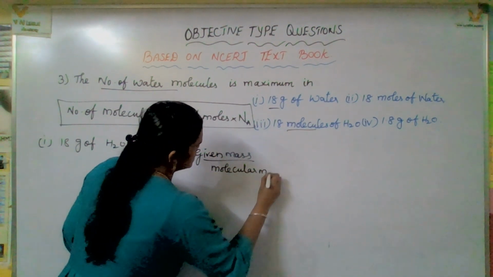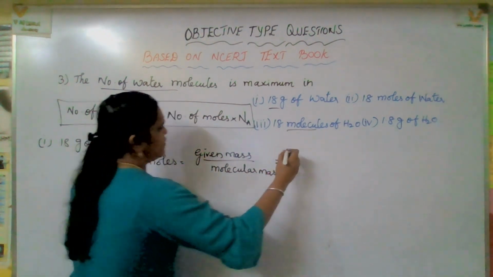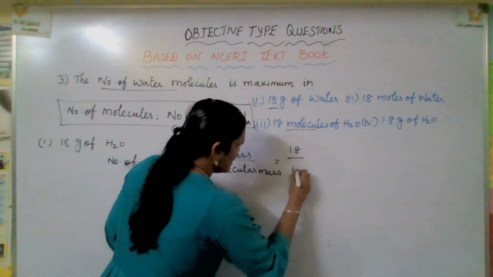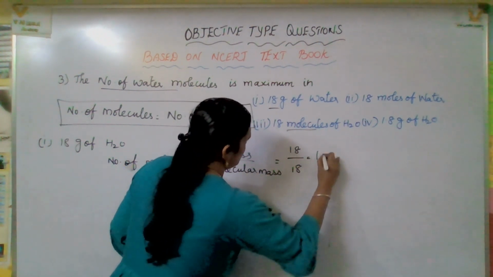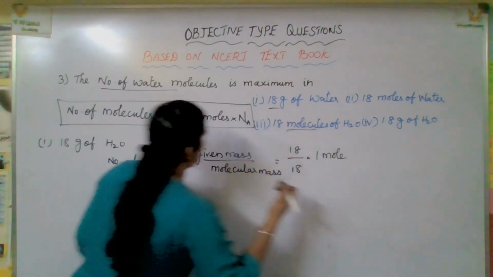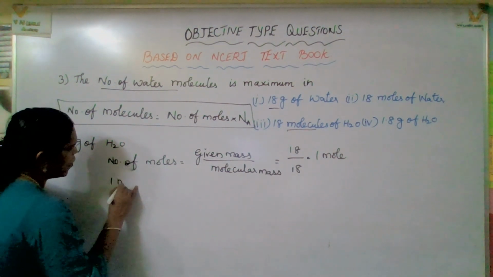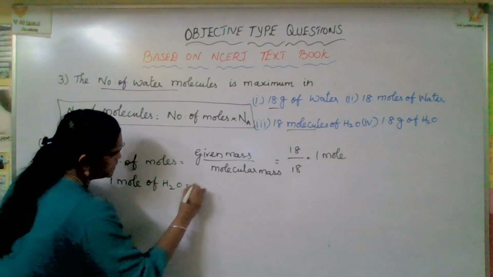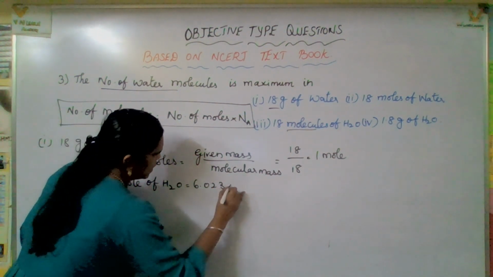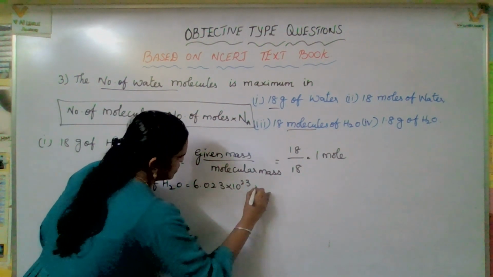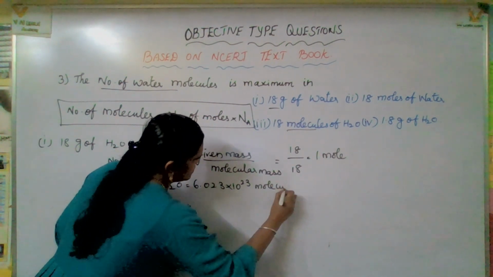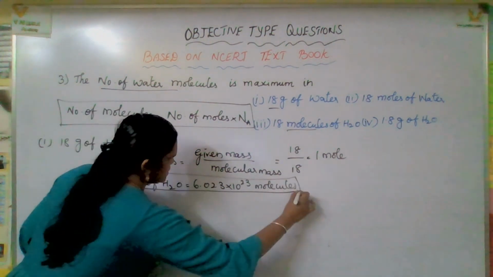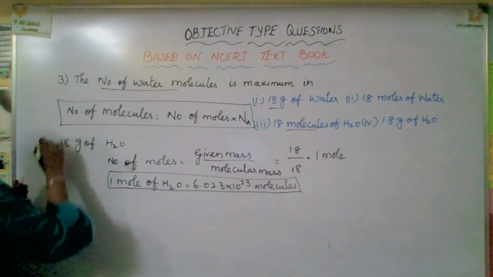Here the given mass is 18, and the molecular mass is also 18. So 1 mole of water, which is 6.023 into 10 to the power of 23 molecules. Right. For the first question, this is the answer.